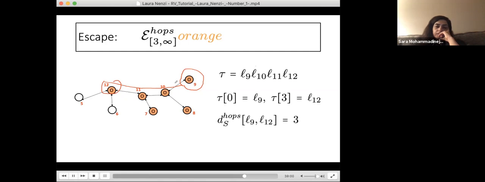Okay. We can see instead that, for example, L10 does not satisfy the property. Why? Because we cannot find any element such that the distance between L10 and this other location is more than 3, and all the elements satisfy the orange property.